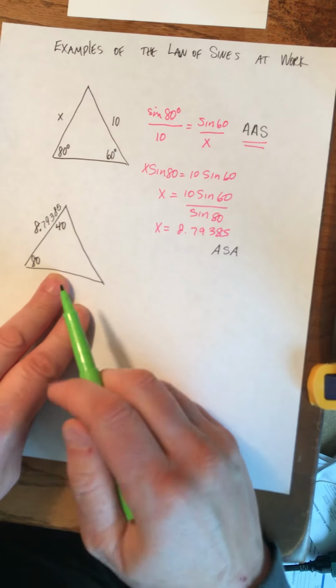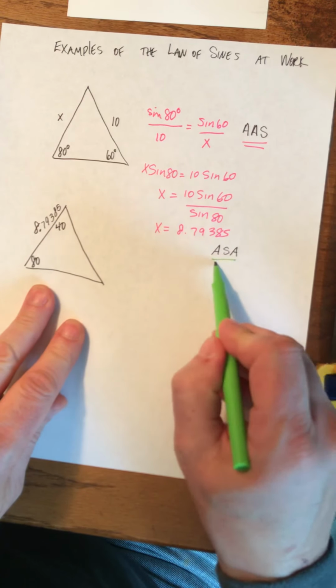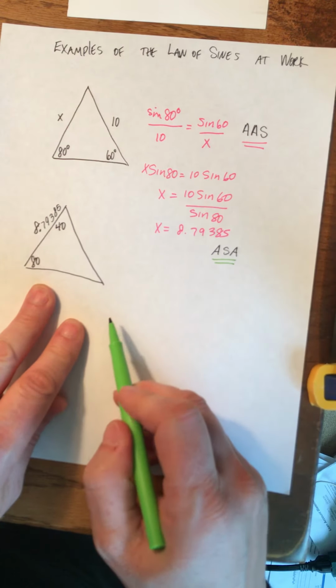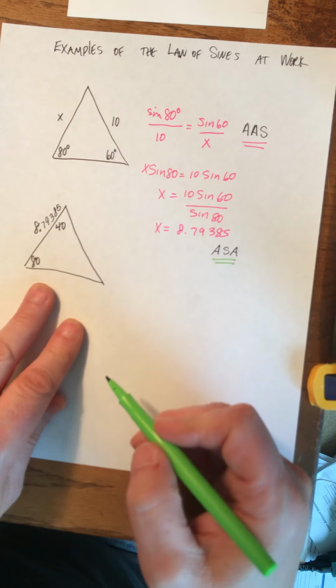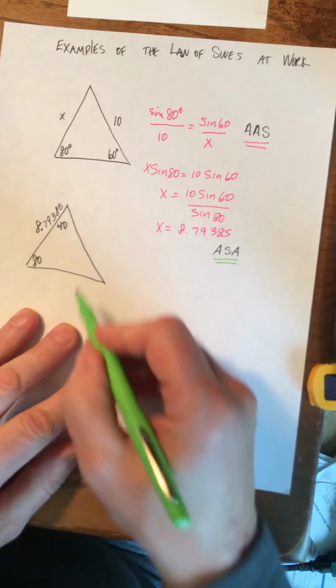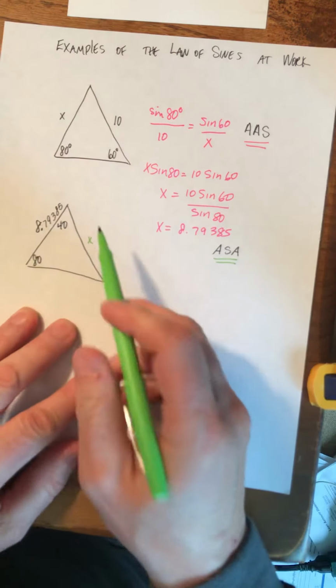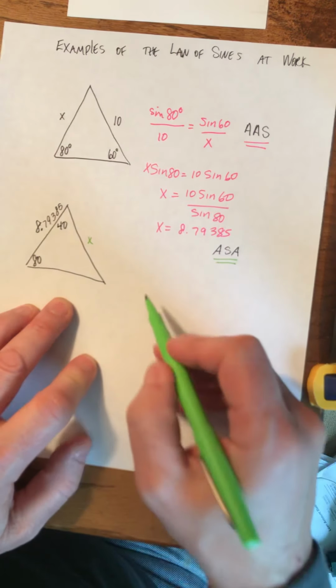So what if we were asked the same question, but we were given different information? This would be an angle-side-angle situation, because I have two angles and I have the side in between the two angles. Let's use the formula again and see how it works. So let's just say I wanted to find this side. I'm rounding a little bit, so it might not come exactly back to 10, but it should come close.